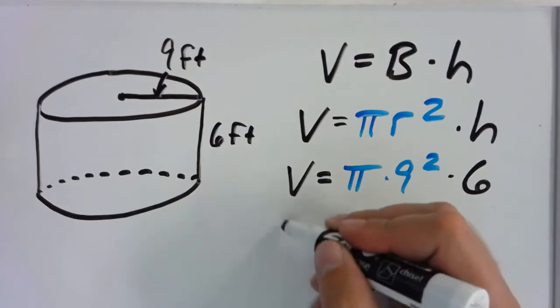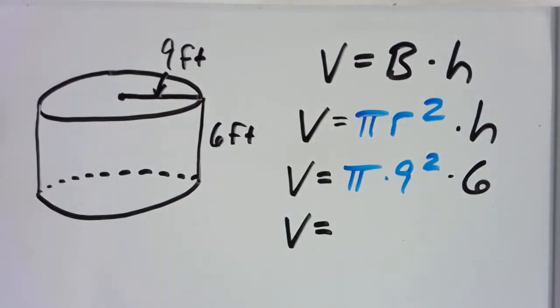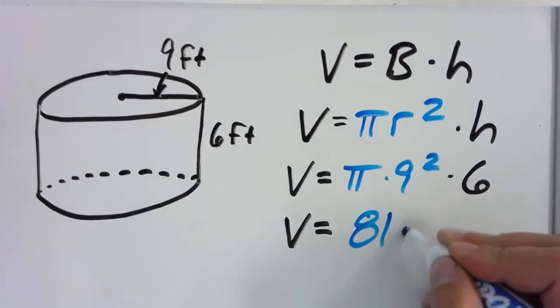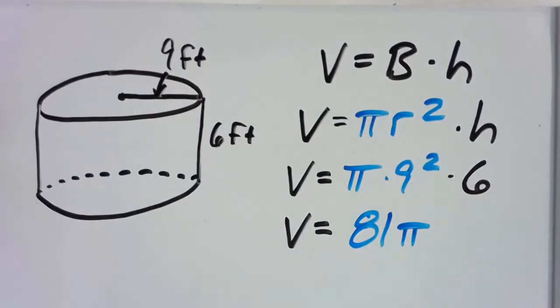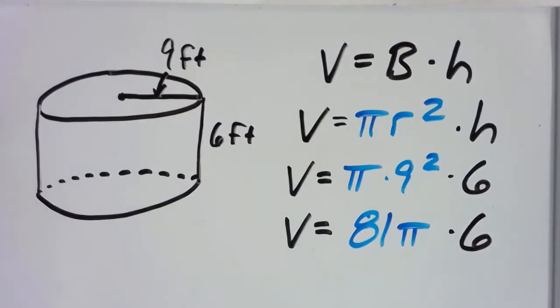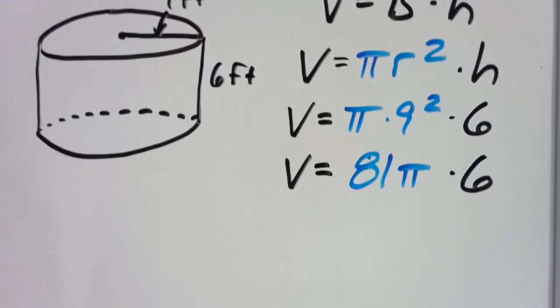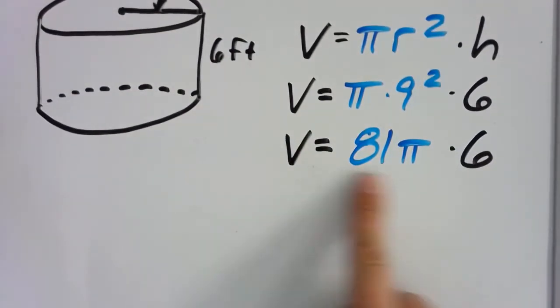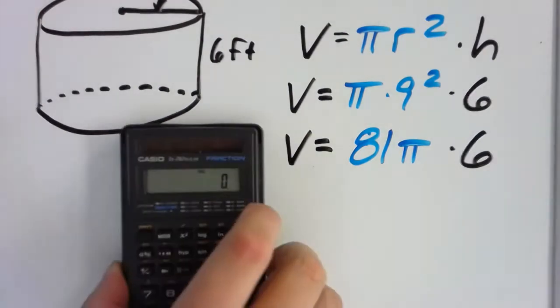Just doing this math really quickly, I would deal with the exponent first. 9 times 9, or 9 squared, would be 81. So the area of one of these bases is 81 pi, to use exact phraseology. And then multiply that by a depth of 6 feet. So for the record, if I wanted to put this in exact volumetric numbers, I would just multiply 81 times 6.